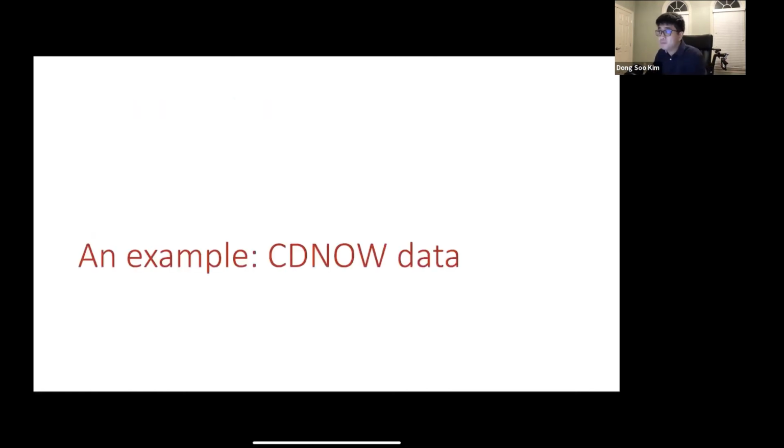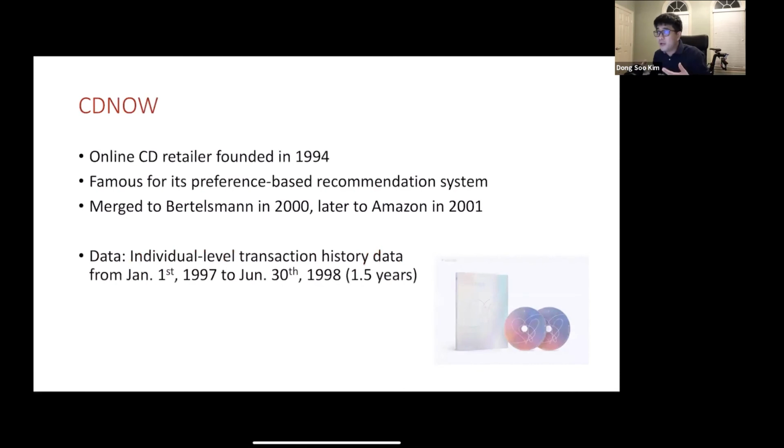The next example illustrates how to do a holdout validation in RFM analysis with CDNow data. CDNow was an online CD retailer founded in 1994. It was famous for its preference-based recommendation system. The company was merged to Bertelsmann in 2000 and to Amazon in 2001.